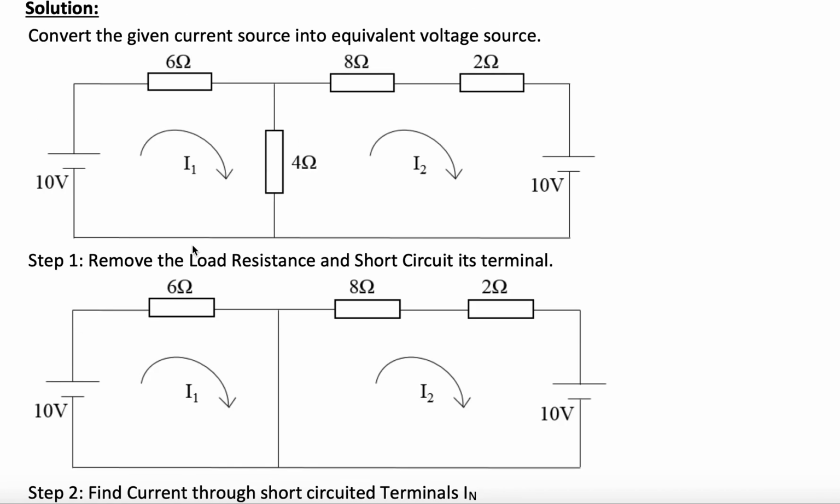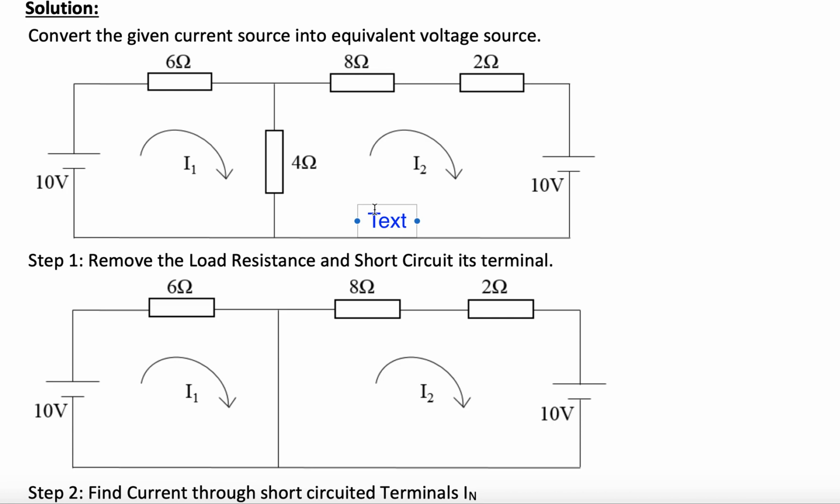This is 10 ohms, 6 ohms, 10 ohms, 10 ohms. Convert this voltage source to current source, 10 by 6. In which direction? Upward direction. Here also upward direction. 10 by 10 is 1 ampere, and this is 5 by 3 ampere.